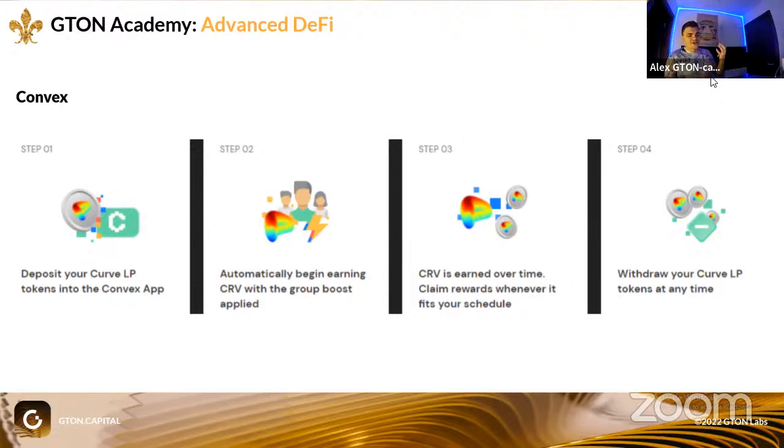But then we have Convex, which is much more flexible in those terms. They have more flexibility on how you can use boosted rewards. Basically the idea is pretty simple. They created a wrapper on top of Curve, where you can provide liquidity, like ETH or Tether or different types of assets, right? First of all, you can have more reward just because you are participating in the common pool for anyone, so the pool already has boosted rewards.